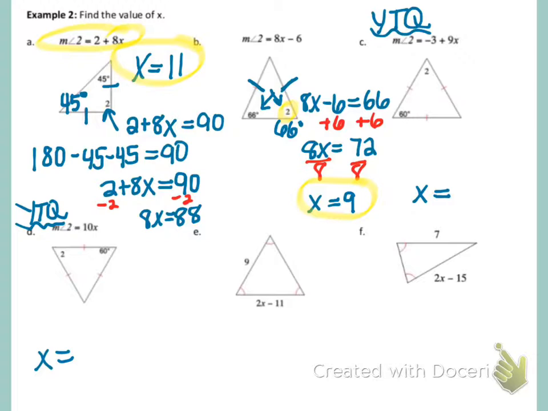So go ahead and pause the video, give C and D a try. When you're done, you can tune back in. We'll talk about what the correct answer should be, and then we'll wrap up our lesson looking at some applications with the side lengths that involve algebra as well. So please pause the video now.